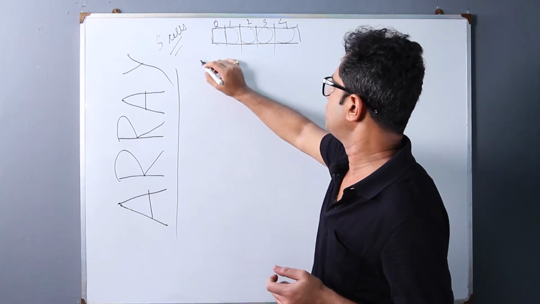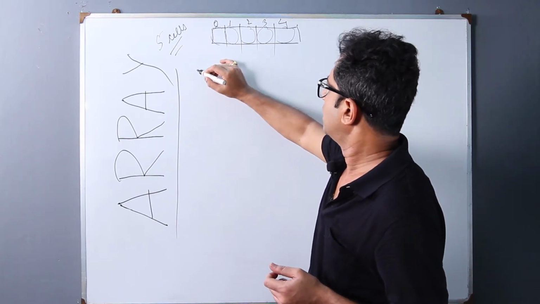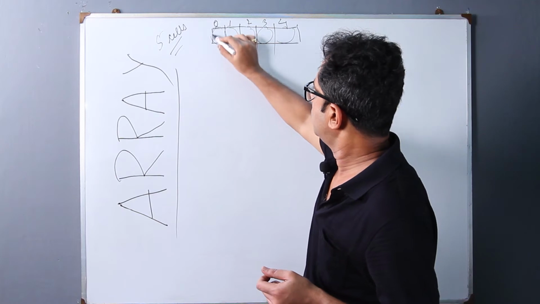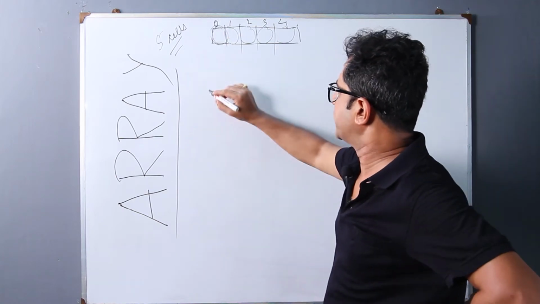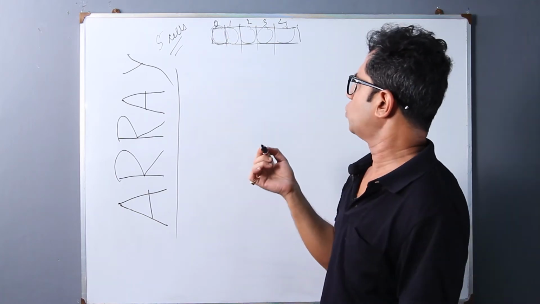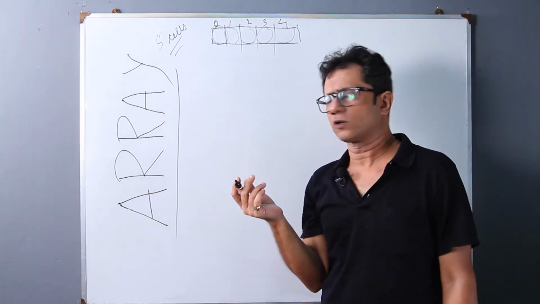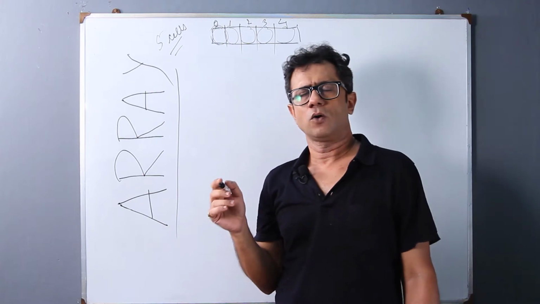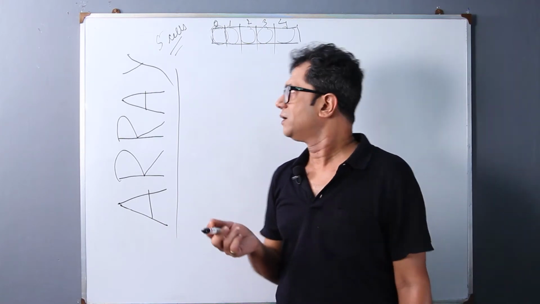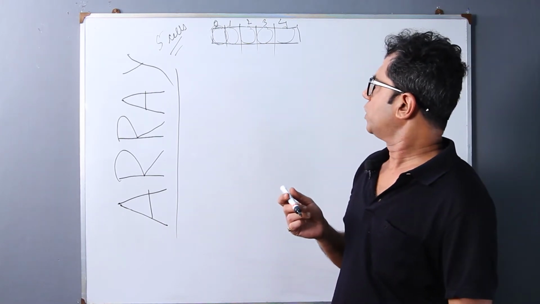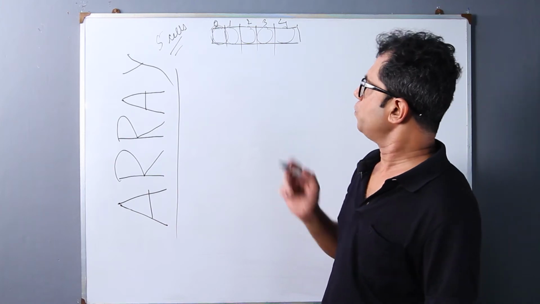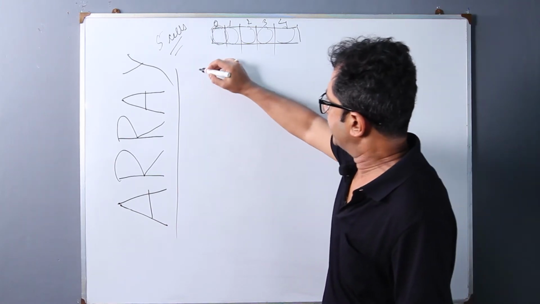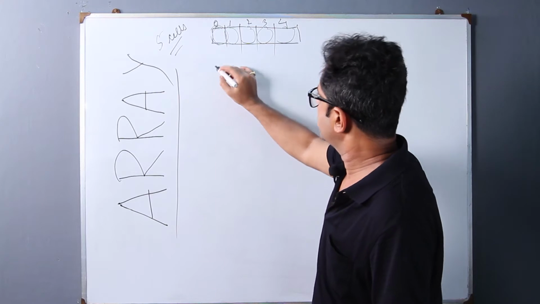Suppose I take a character array, we need to take values which are always character constants. These character constants can be taken from the user or supplied beforehand during the program initialization phase.